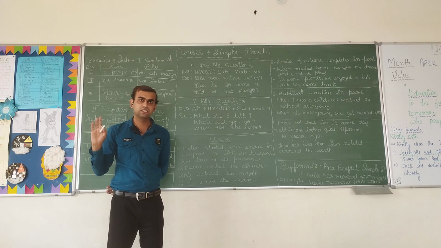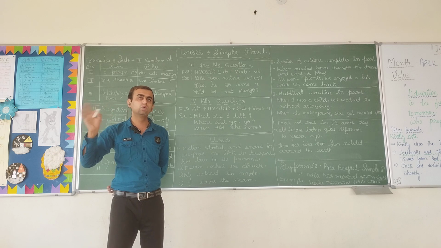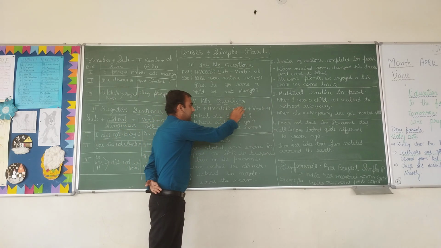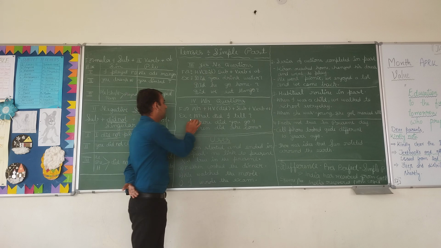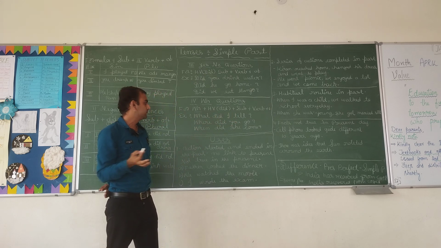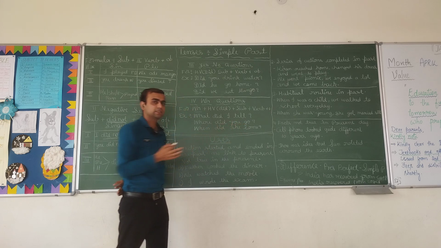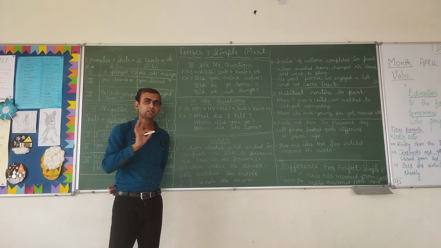WH word means it may be anything: where, what, when, how, who, etc. Then the helping verb, that is did. Then subject plus a verb, the remaining part. Example, what did I tell? Where did you go? When did she come? Etc. This is about WH questions.